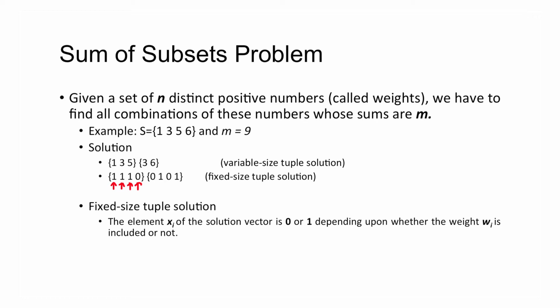The weights in our set are w1 is 1, w2 is 3, w3 is 5 and w4 is 6. So in this solution vector, 1 here means that we are including weight number 1. Similarly 1 here means that we are including weight number 2, because this is x2. x3 is equal to 1 also. This means that we are including weight number 3, and the 0 here means we are not including weight number 4. So obviously the sum here is equal to 9, which is the required sum, and the same applies to the second vector as well.